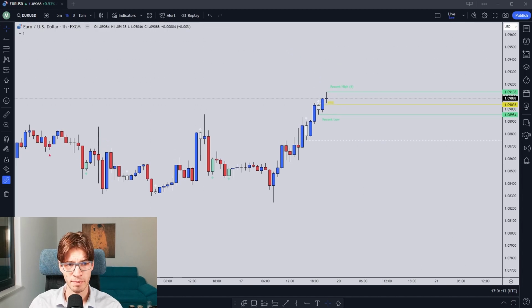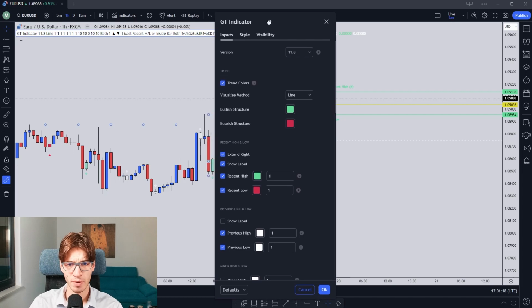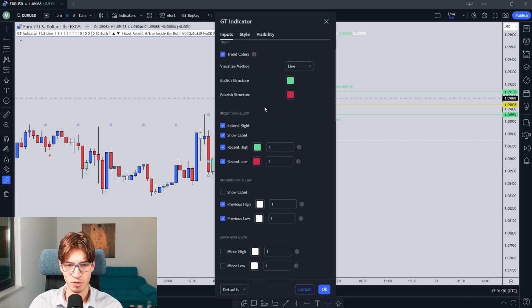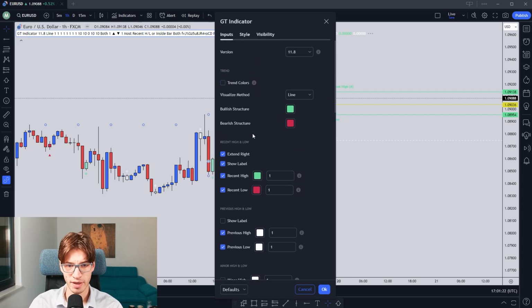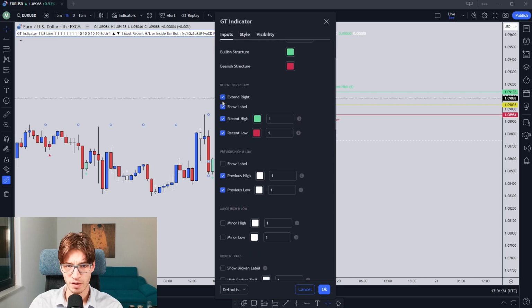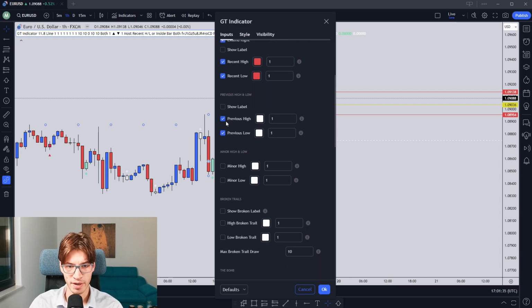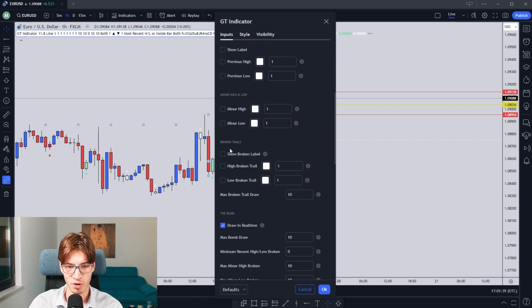So how to set it up is basically go here and go to settings. Okay. And then what you need to do is trend colors I have turned off. This I have turned off. Recent high is red. Recent low is red as well. Previous high, nothing. Broken trails, yep. This is what I use as well.